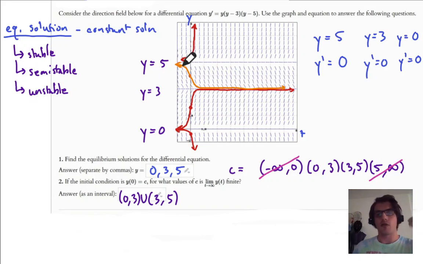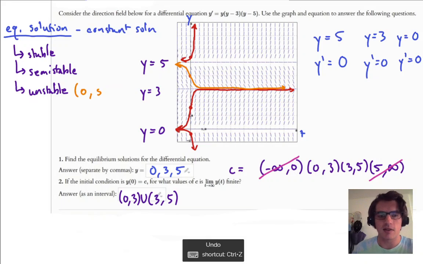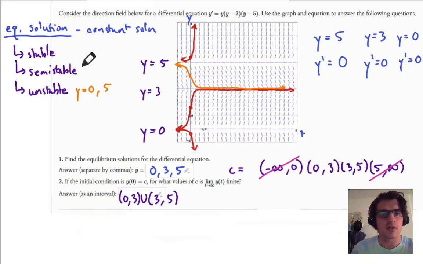And with 5, if we're in the interval from 3 to 5 or from 5 to infinity, we will always go away from it. So it would be unstable. I'll go ahead and mark these: y equals 0, y equals 5, y equals 3.